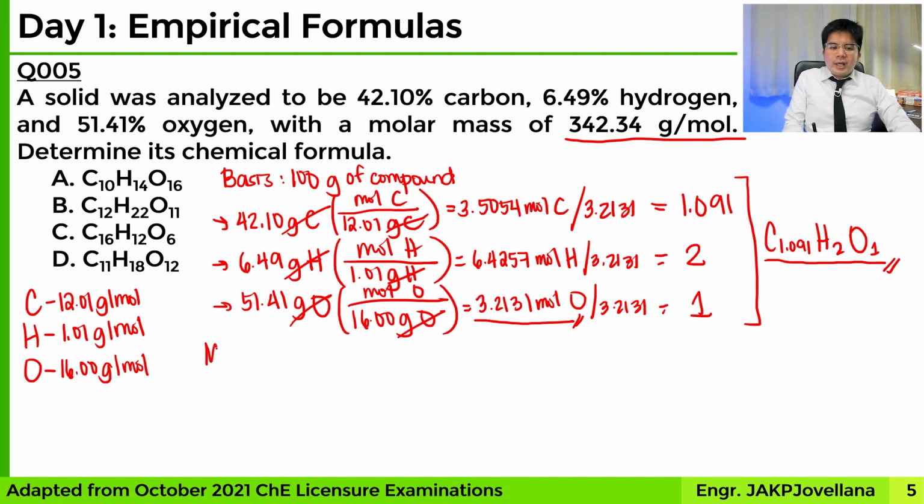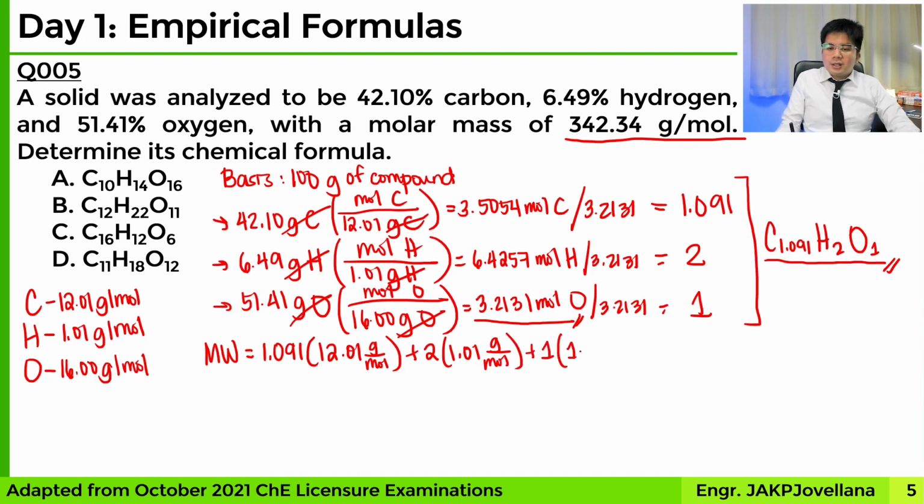So the molecular weight of this tentative chemical formula is 1.091 times the molar mass of carbon, 12.01 grams per mole, plus 2 hydrogen atoms, 2 times 1.01 grams per mole, plus 1 oxygen atom, 1 times 16.00 grams.